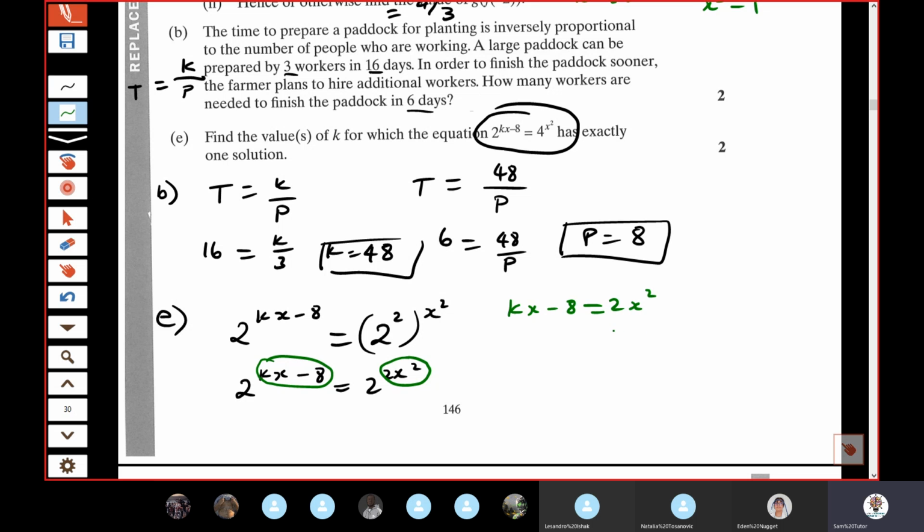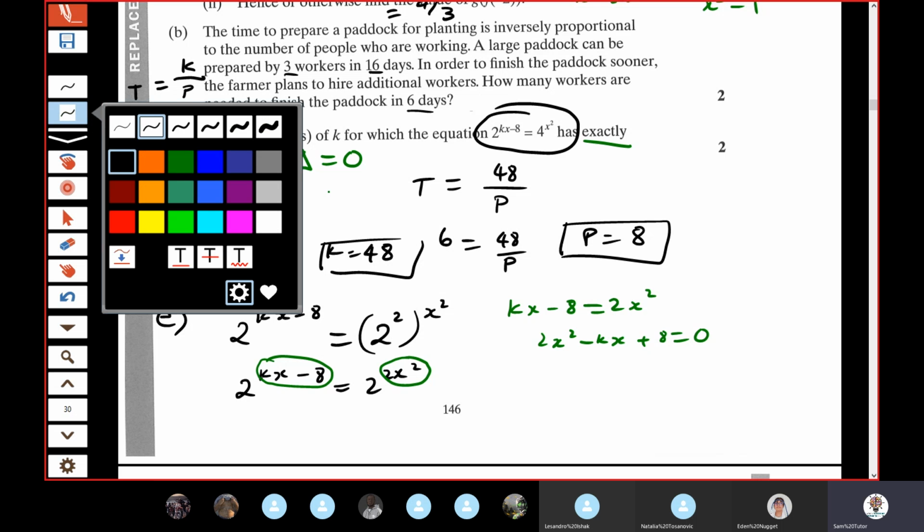At this stage, you're probably very confused on finding k, but you can see it's a quadratic. And the question said it has exactly one solution. That automatically means the discriminant equals 0, and that's what you have to use.